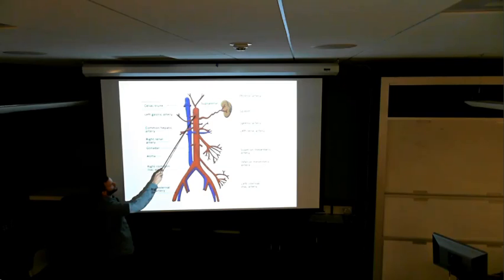And every time a vessel says trunk, that means there's going to be stuff branching off of it. So if this is your abdominal aorta, and that's your celiac trunk, you're going to have things branching off that celiac trunk. But you guys need to make a distinct celiac trunk there. Okay, I need to see that trunk coming off the abdominal aorta.